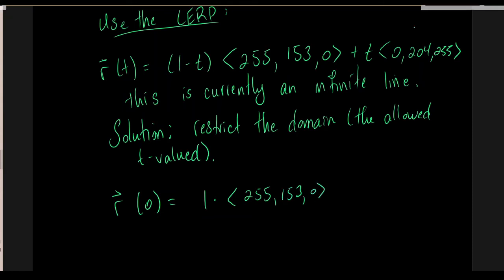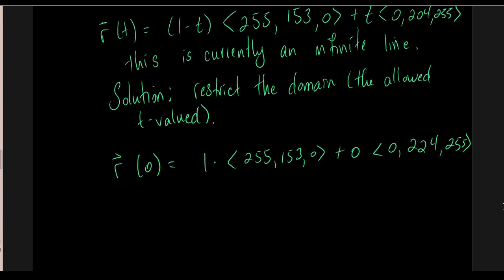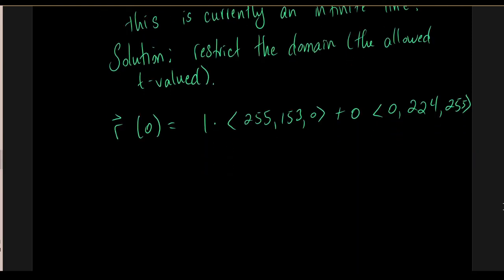And when t is equal to 0, the scalar in the back is just 0. When t is equal to 0, the vector points to the initial location or color that was given. The vector points to 255 red, 153 green, 0 blue.